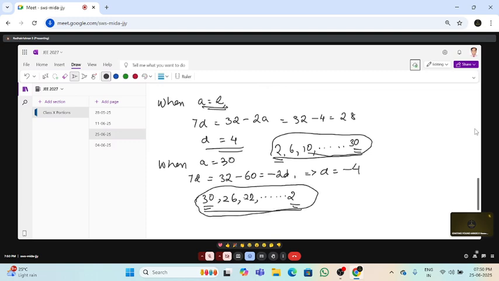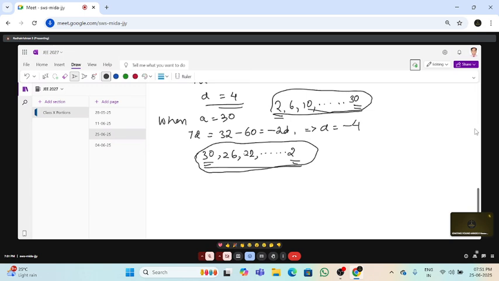They have not specified exactly which one. They should have given something else to tell you which. But just logically we can think of this solution. This is what I think Adila has pointed out also. A equal to 2, D equal to 4 is one of the series that we can take.